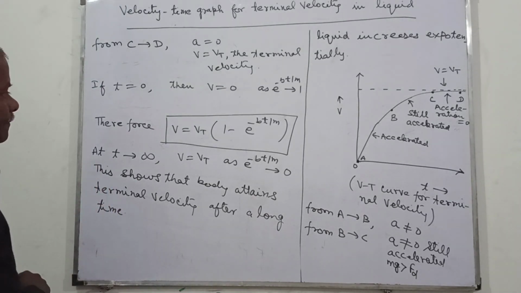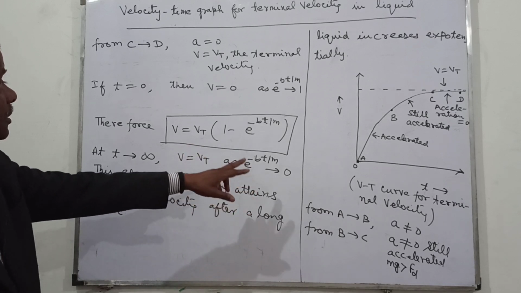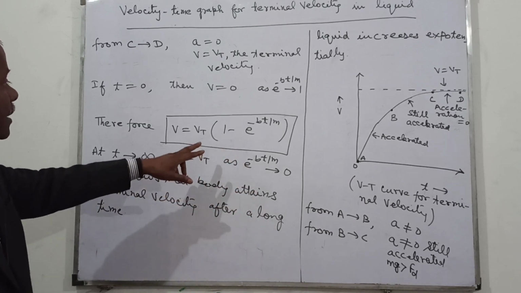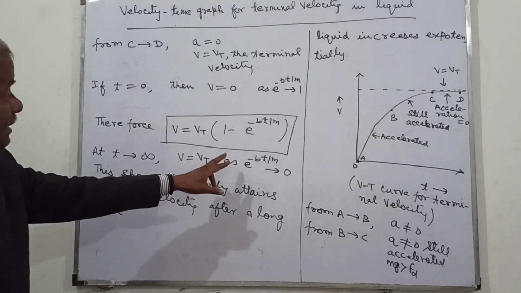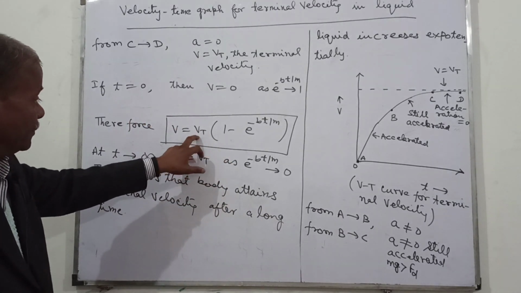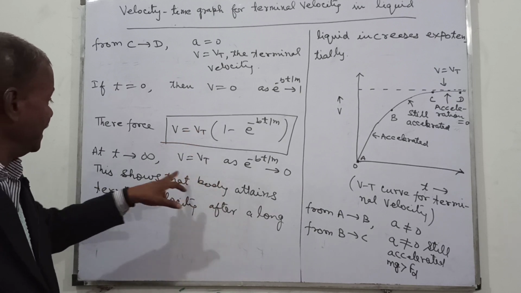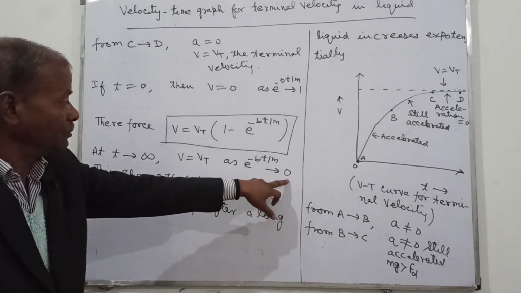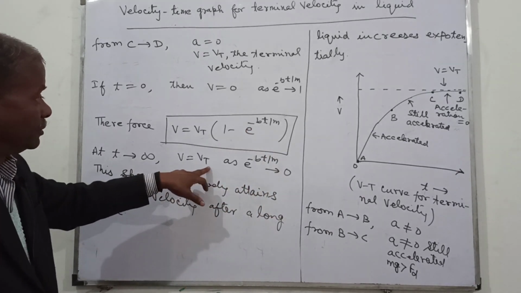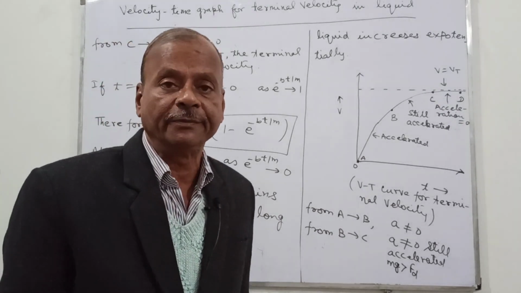As t tends to infinity, this expression tends to 0, so v is equal to v_t, and this shows that the body takes a long time to attain the terminal velocity.